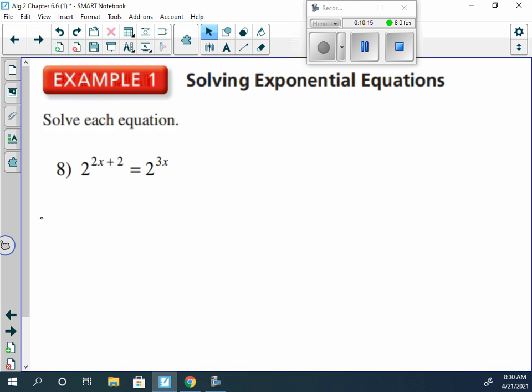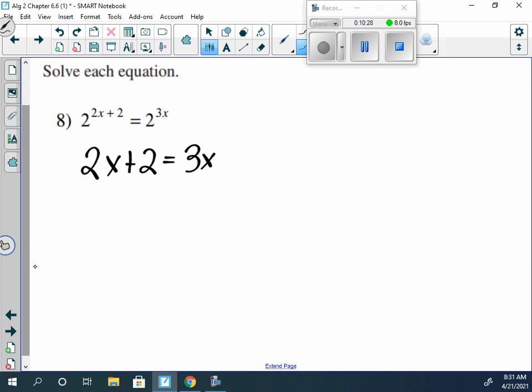So what can we do with this one here? Yes, because the bases are the same, we can go on and set it up as 2x plus 2 is equal to 3x. And then what?